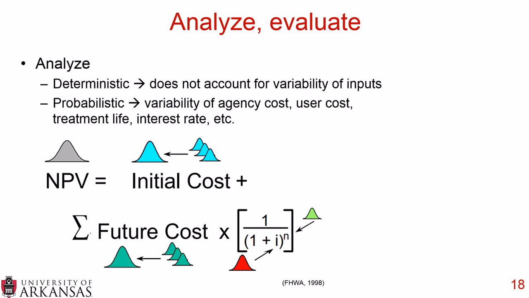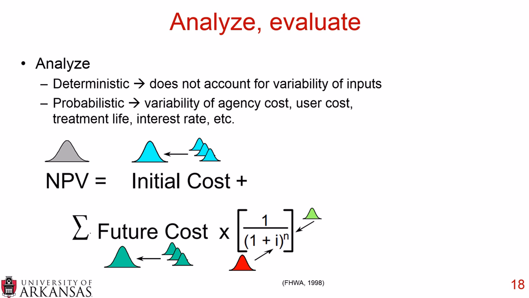So there's variability not only in the initial costs, but also in all of the future costs as well. Future raw material costs, future construction costs, future traffic levels, future inflation rates, interest rates, discount rates, all those type of things have some sort of variability.